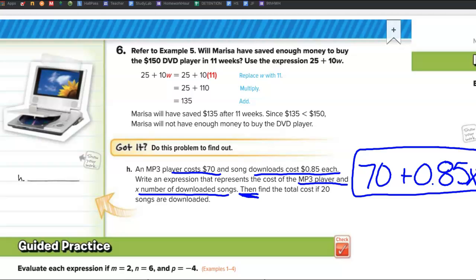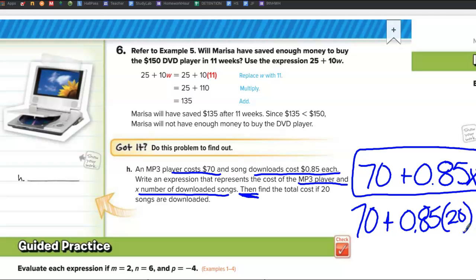It says to write an expression that represents the cost of MP3 and X number of downloaded songs. Okay, so now we have the first answer. So then I need to find the total cost if I download 20 songs. So what do I do with that 20? Replacement for the X. Good. So I take my MP3 player plus 85 cents per song, and I'm downloading 20 songs.